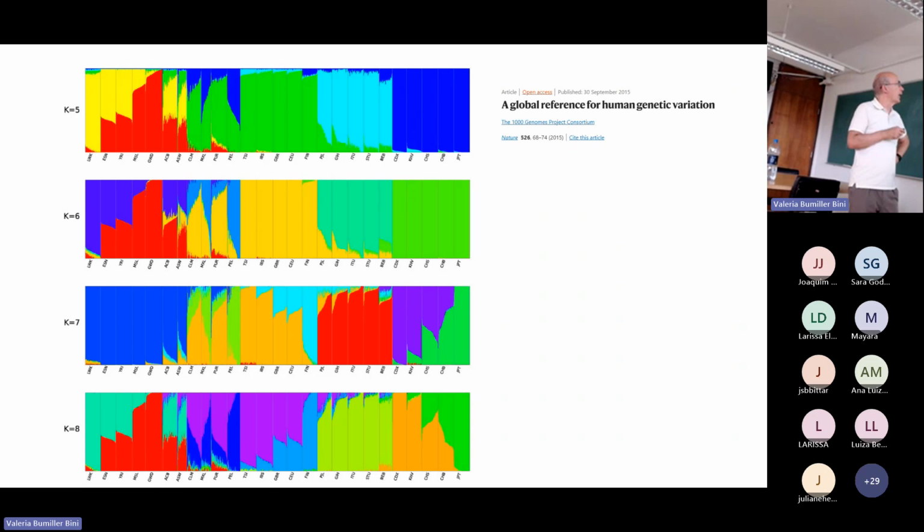Now, when we add another color, they have to change. Now it's like this. Now this sort of light blue looks like most likely this is the Native American component.